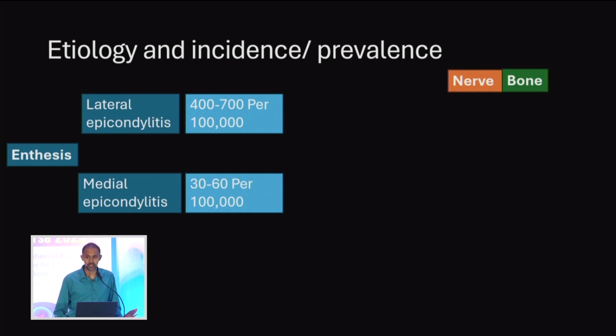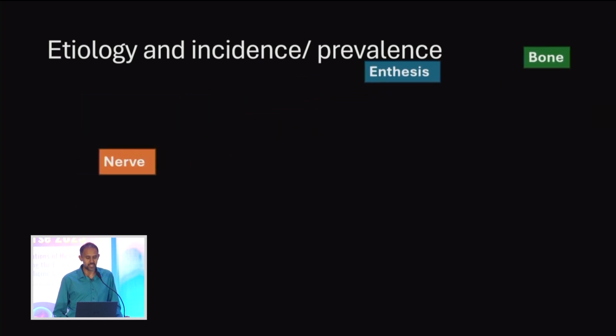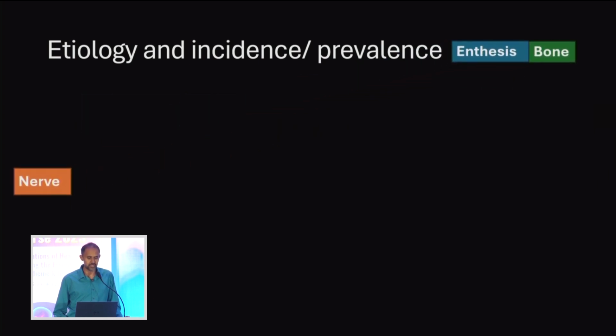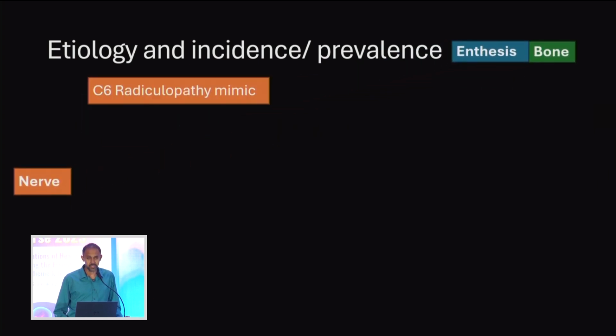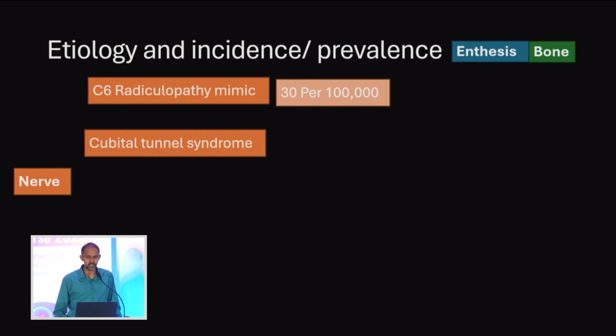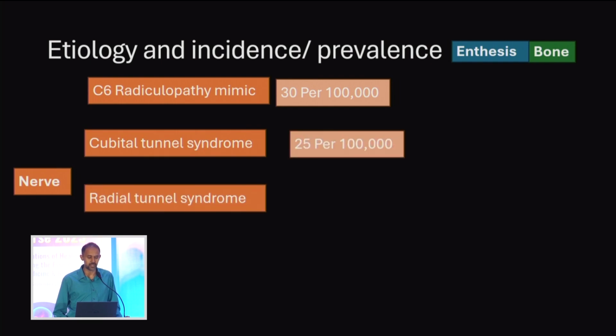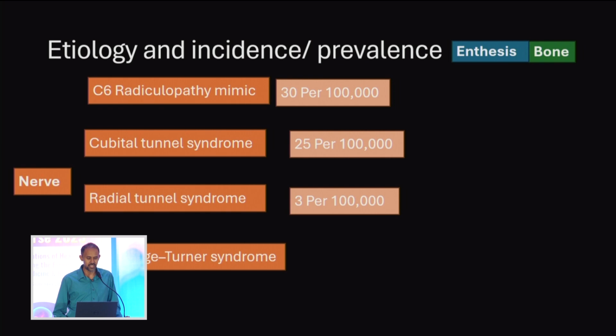And that is your enthesis issues. Next is nerve issues. Now C6 radiculopathy mimicking elbow pain is going to be very common. That's 30 per 100,000 versus cubital tunnel at 25, radial tunnel at 3, and Parsonage-Turner at 3 per 100,000 also.